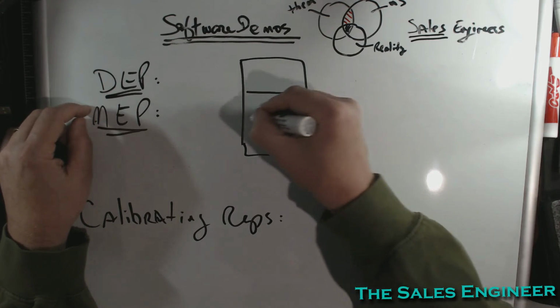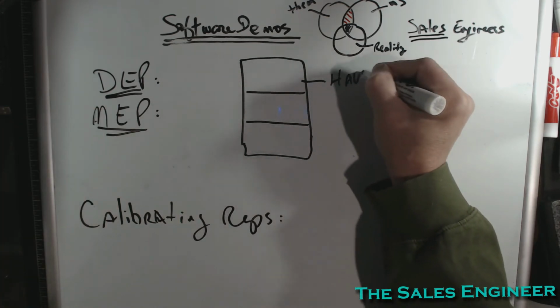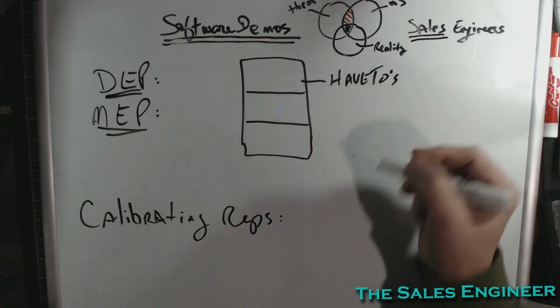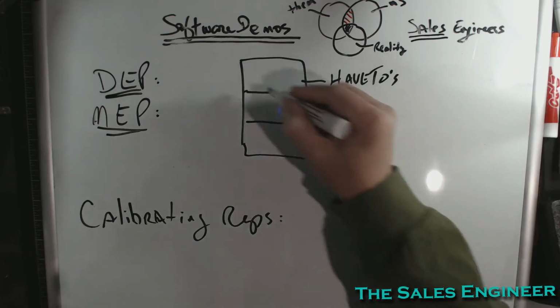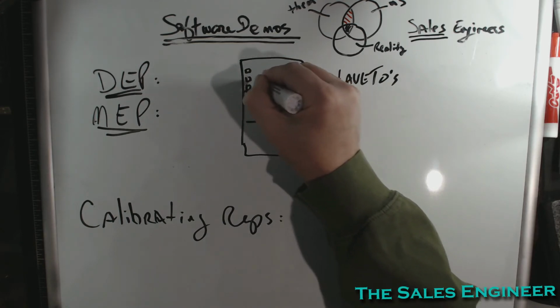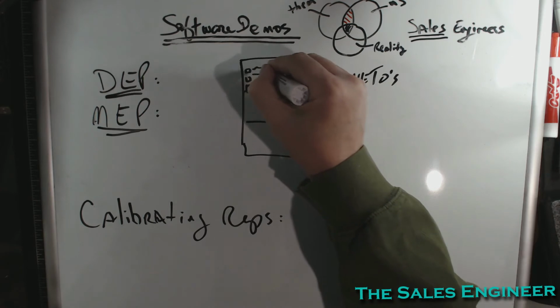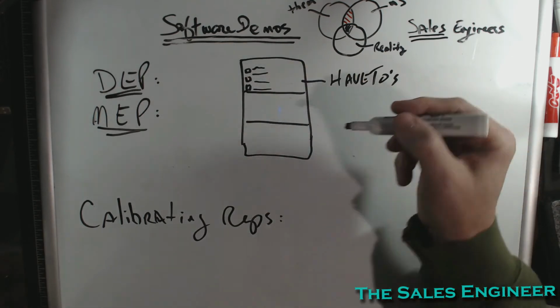You have your have-tos, or whatever you want to call it, these must-be-dones. This is a series of checkboxes and blanks that you have to walk out of here with that you don't know now.